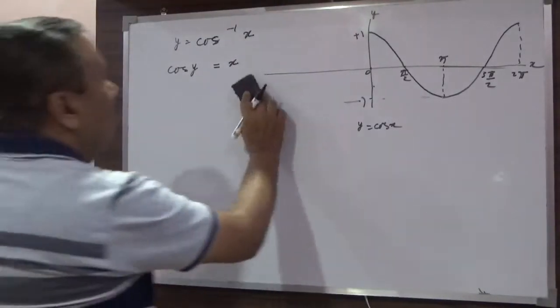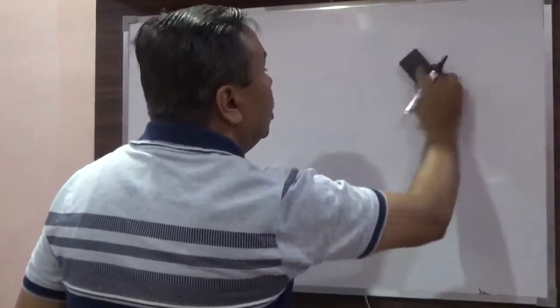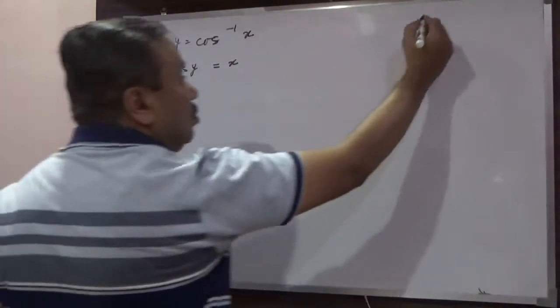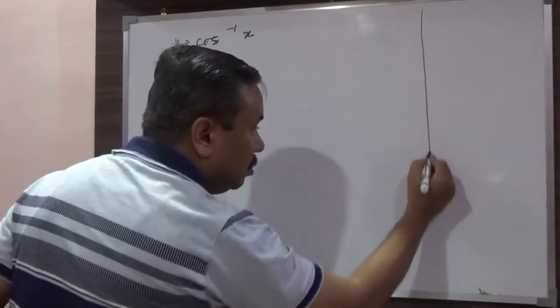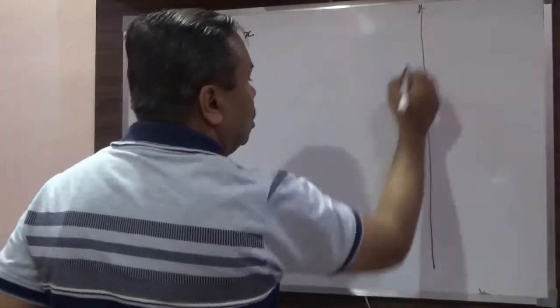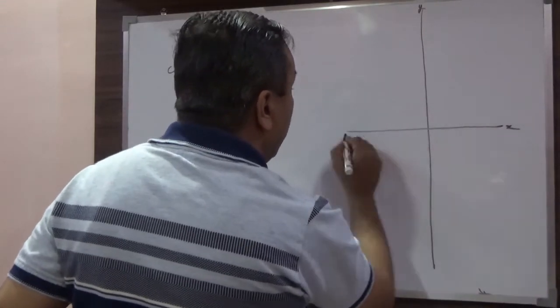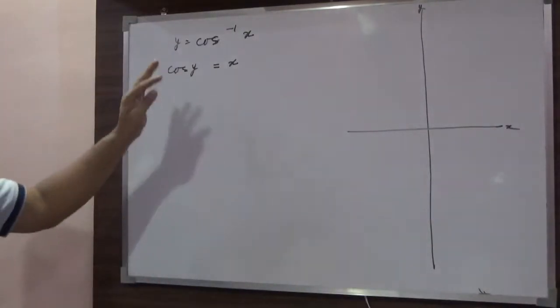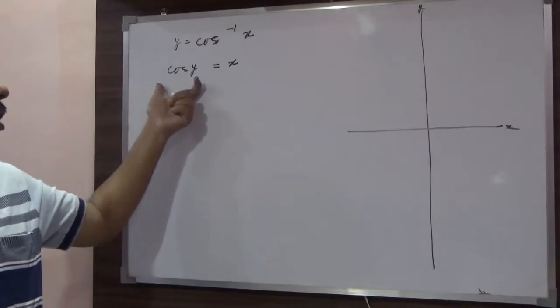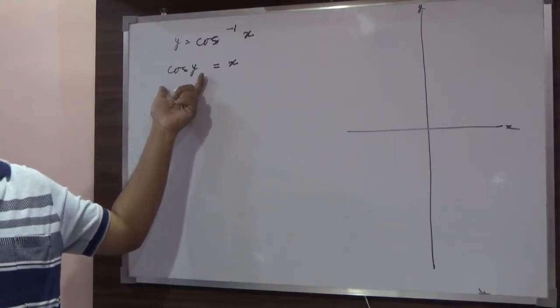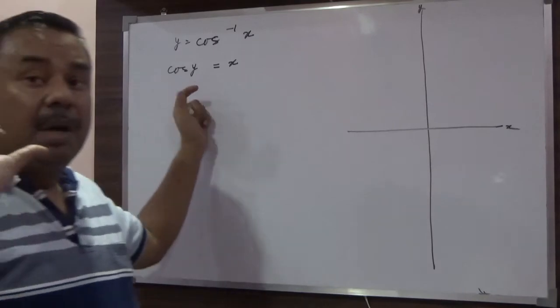So when I get the function as a reverse function, this is the y-axis and this is your x-axis. Once again, as you know, the value of cos y will be between minus 1 and plus 1.